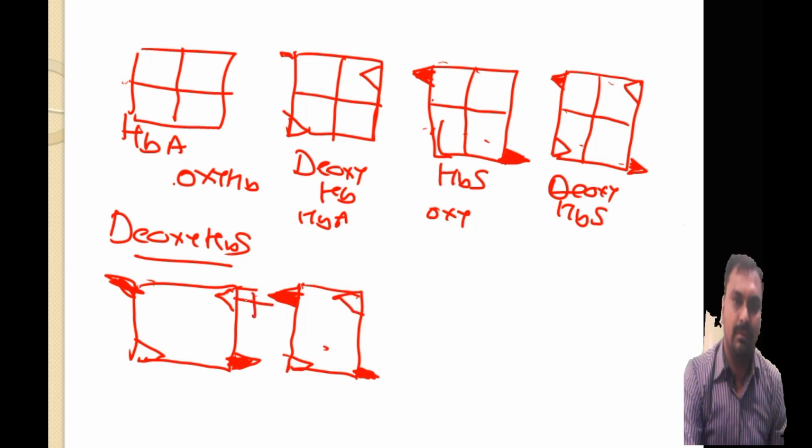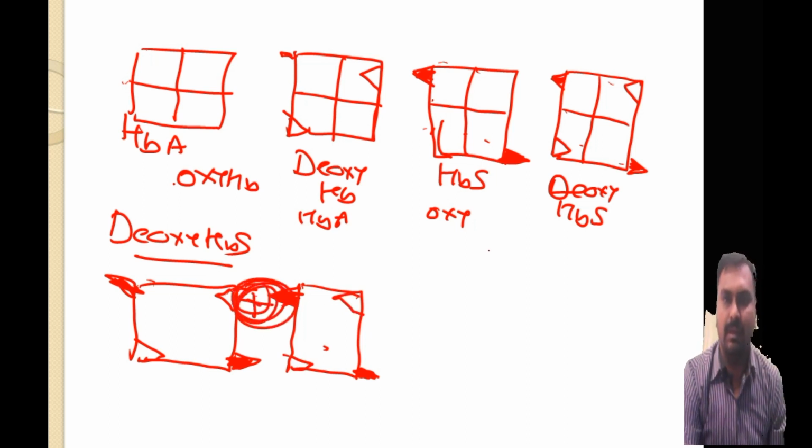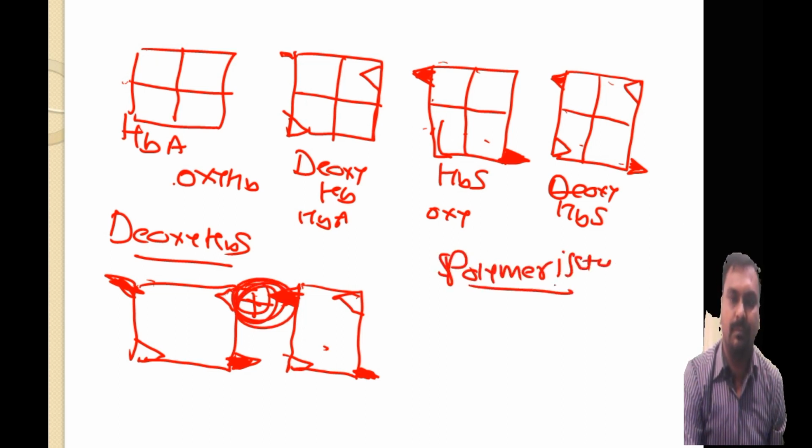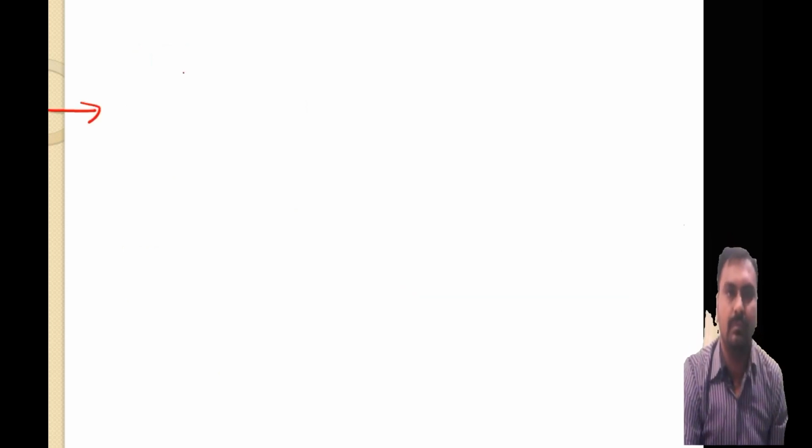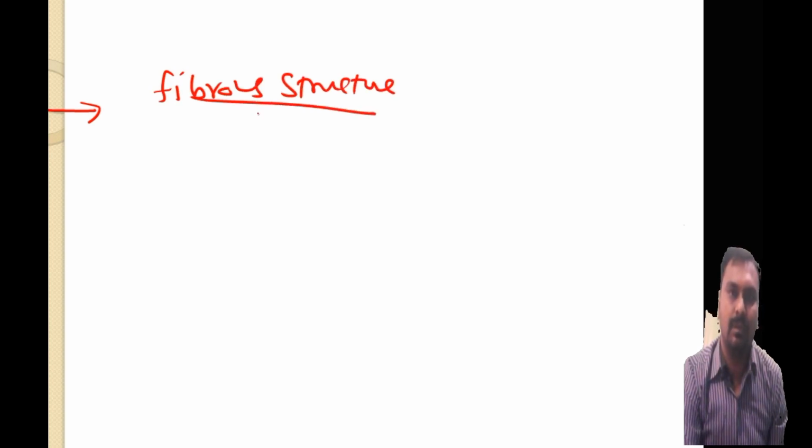So they will aggregate and form polymerization, and it will lead to a fibrous structure, and it will lead to the sickle shape of the RBC.